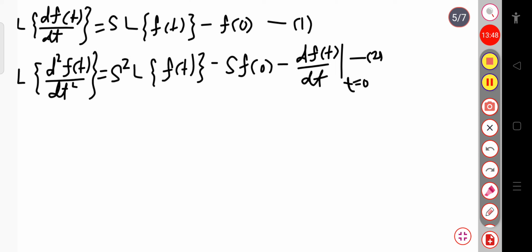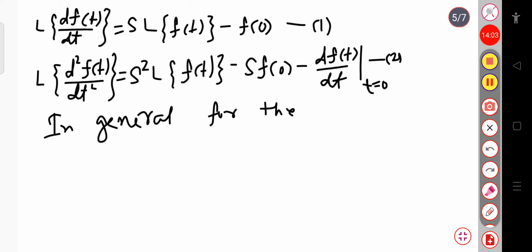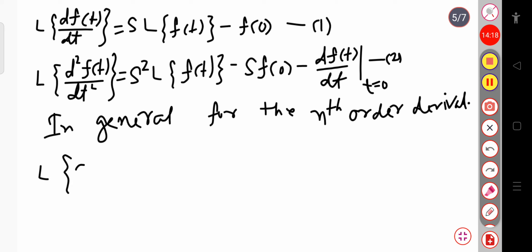In general, for the nth order derivative we can write the Laplace transform of d^n f of t divided by dt power n.